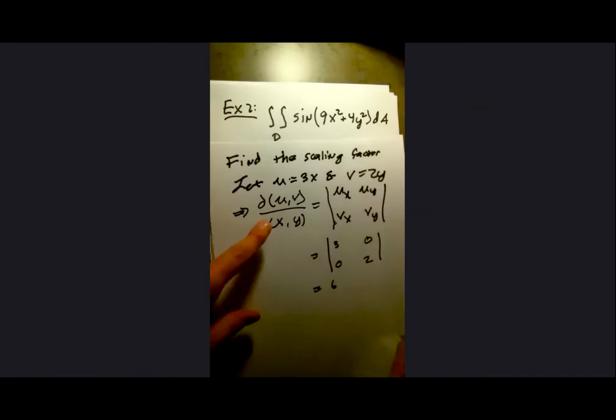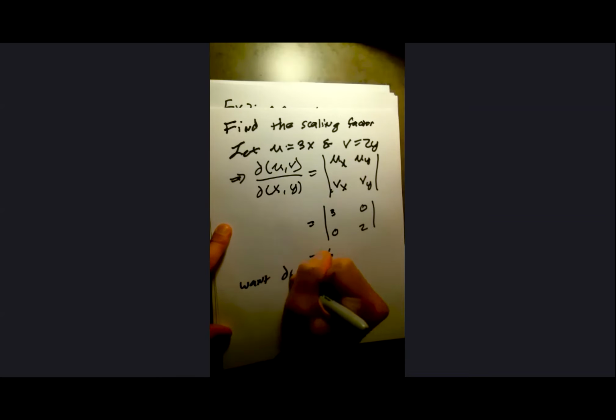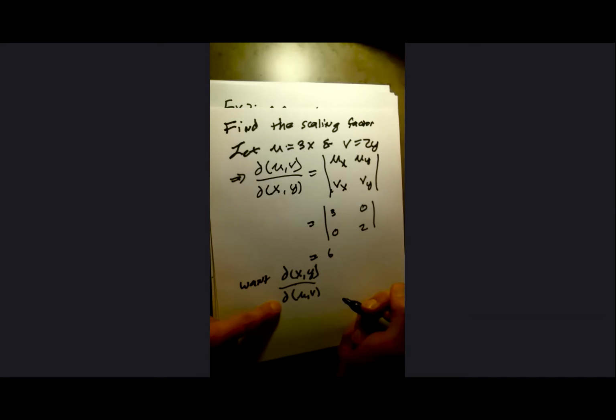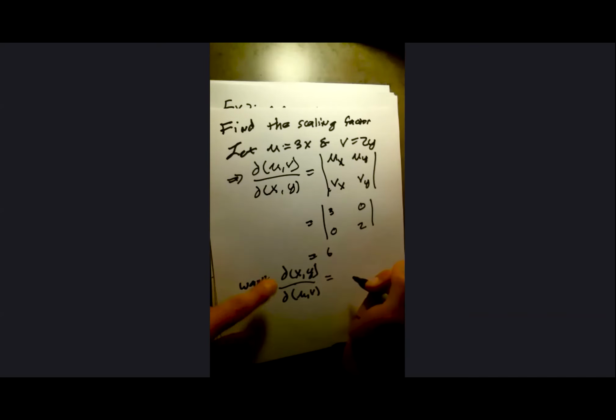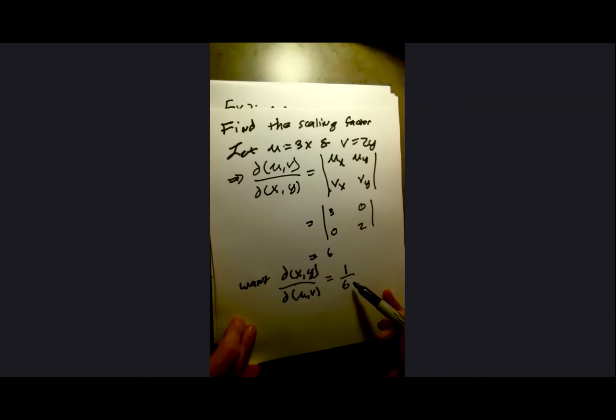But we're going the other direction. What we want is the Jacobian of xy with respect to uv. We want to start at xy and end in the uv world. And so what's this Jacobian going to be equal to? 1/6. So this is our Jacobian.